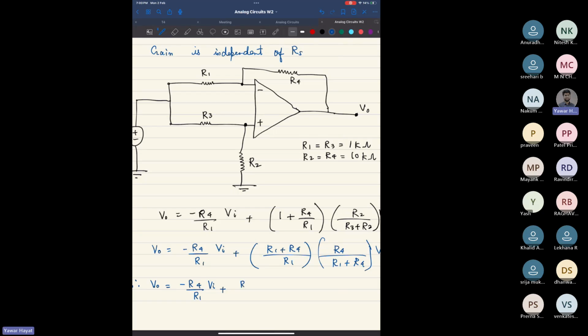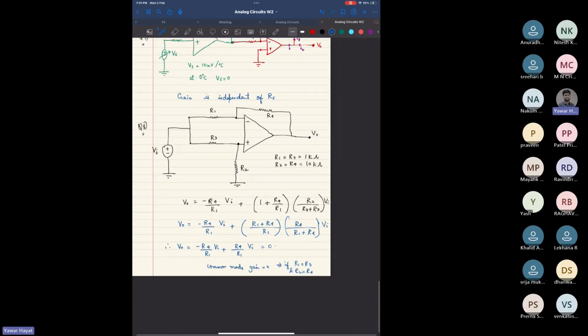Simplify this, and you'll arrive at the following. It would be R4 by R1 times Vi, right? Your common mode gain would be 0, right? This implies R1 equal to R3 and R2 equal to R4. Okay, so this finishes your eighth, right? Your eighth is done.